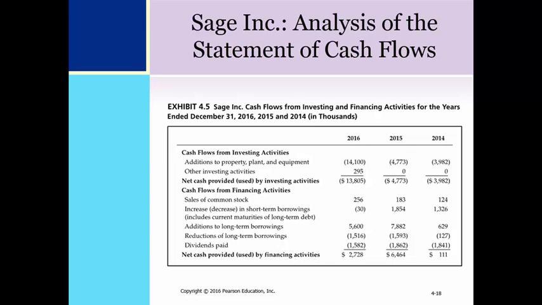The other amounts of negative $14,100, negative $30, negative $15,16, and negative $15,82 are cash outflows and would be categorized as such on the summary analysis.